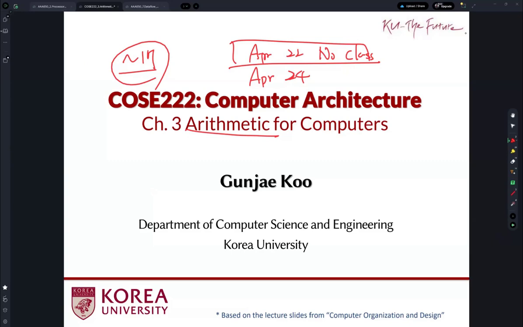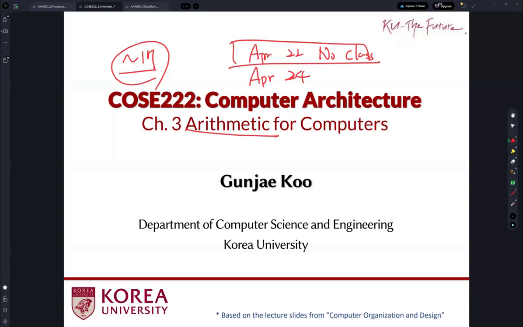If you took the digital logic design course, I believe you learned about the ALU, the arithmetic logic unit.